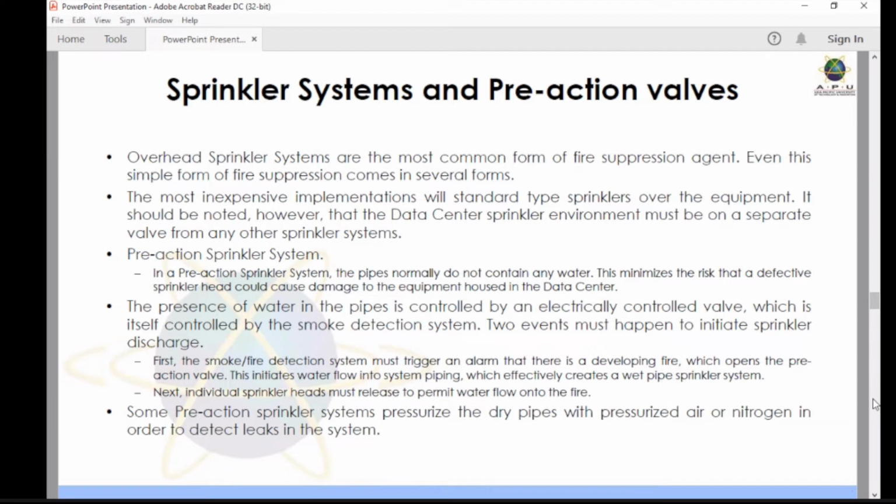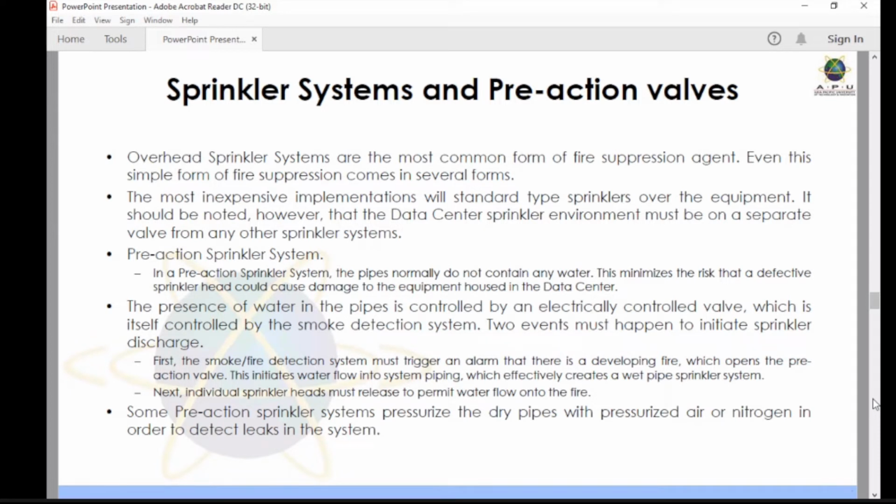It should be noted, however, that the data center sprinkler environment must be on a separate valve from any other sprinkler systems. So for a data center, if you have multiple sprinkler systems, you should have a separate valve for each of them.